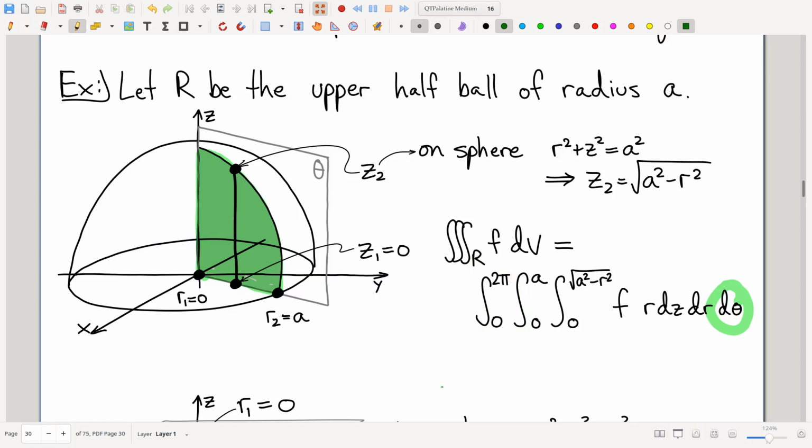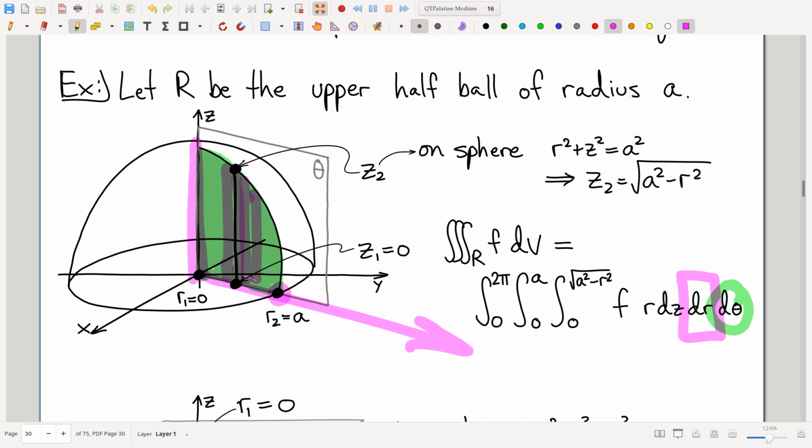Now we fix a value of theta and think about our next differential, r. What do r slices look like? Our r goes out that way. So here's your first value of r, and then here are a few more r slices, and there's your last r slice right there.